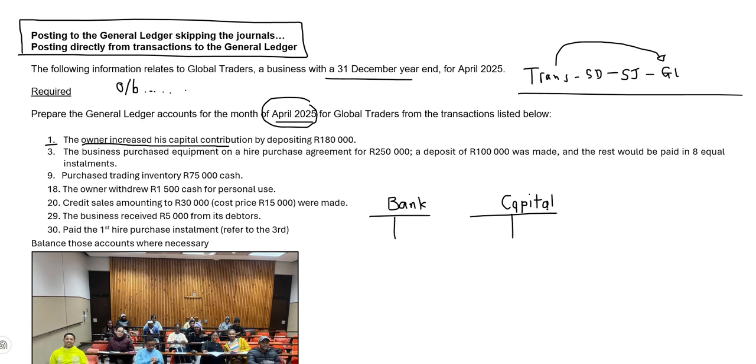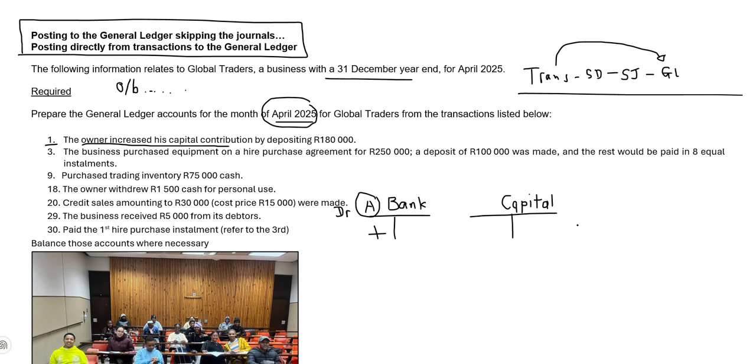In this case, the owner contributed 180,000. Bank is an asset if there's a positive bank balance. The business bank account has increased, so the bank account will get debited.